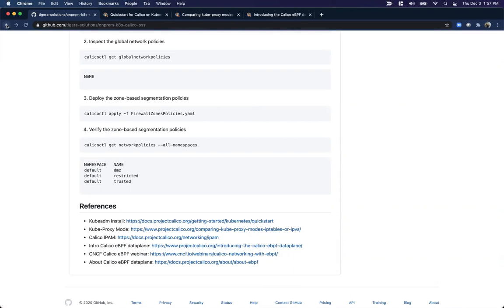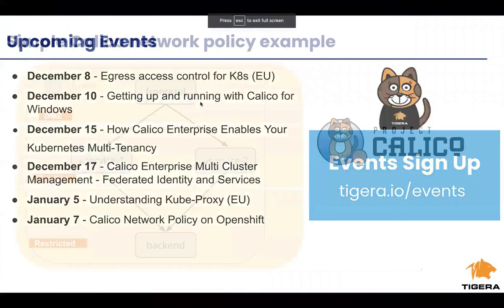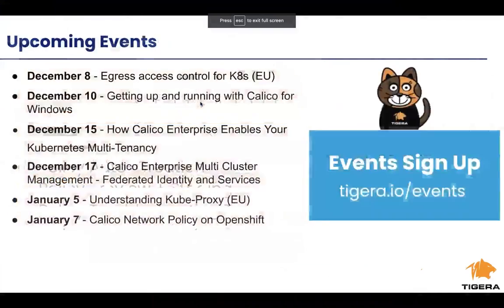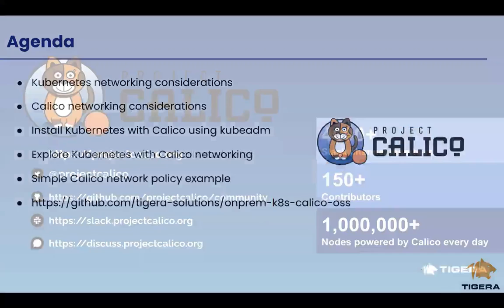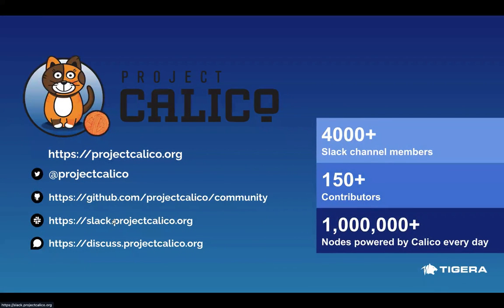If you wanted to, what I would suggest you do is hit us up on our Project Calico Slack. Join us on Slack and ask that question there, and we could probably help you dig into that.